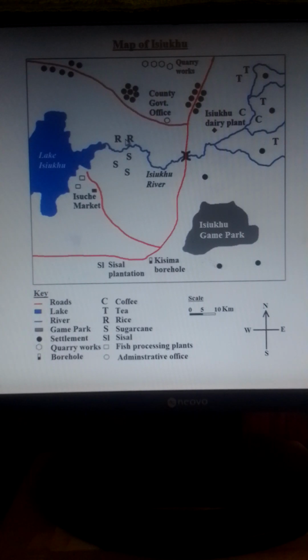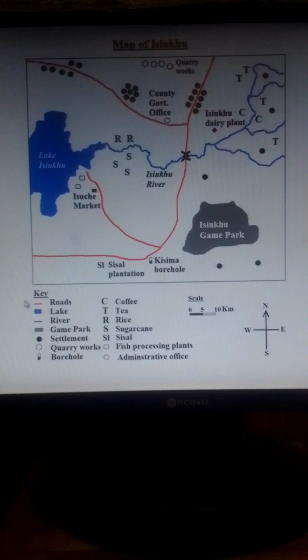So in this map, the title is this one here, Map of Isyohu. A title of a map describes what the map is all about. Number 2, the key. The key has symbols which explain the physical and man-made features on a map.